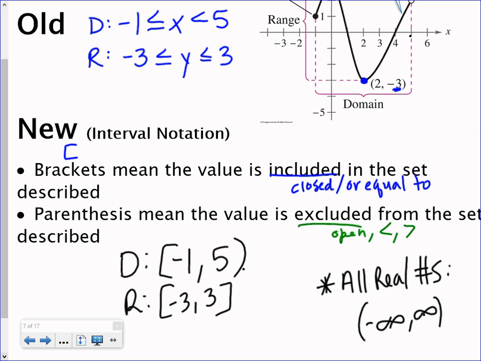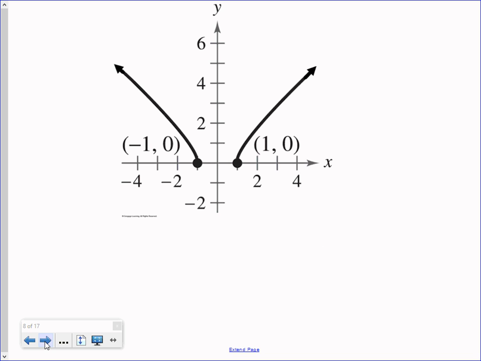But you can at least look at it and get some ideas going. Take a minute or two, look at the function, talk with your people, and remember, there is a problem. If you can identify what the problem is, that will help you decide what your domain and range will be.